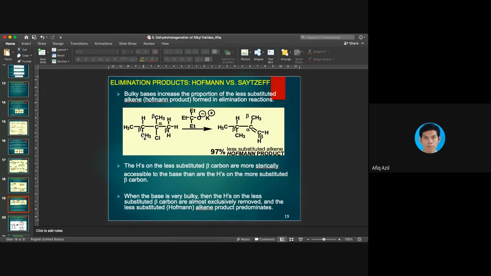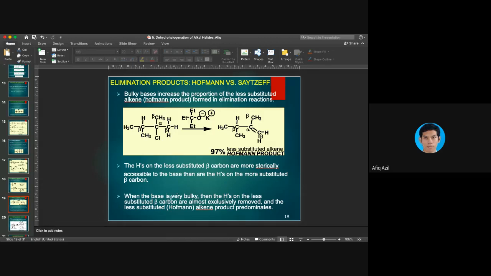You have beta hydrogen here and beta hydrogen at this position. It is easier for this base to come and extract the hydrogen from this position compared to this one. This is more steric hindrance compared to the terminal hydrogen over here.